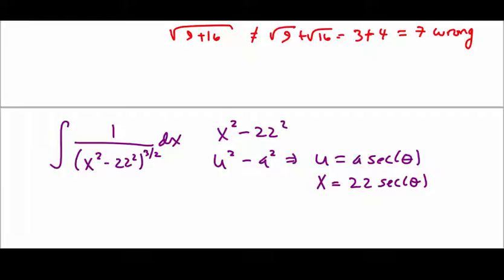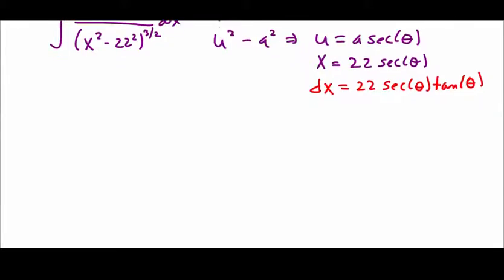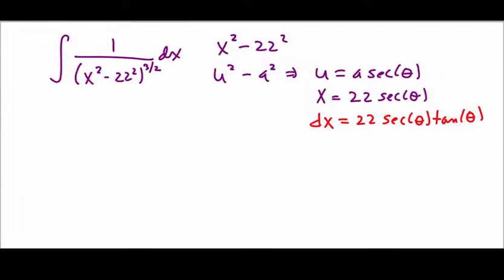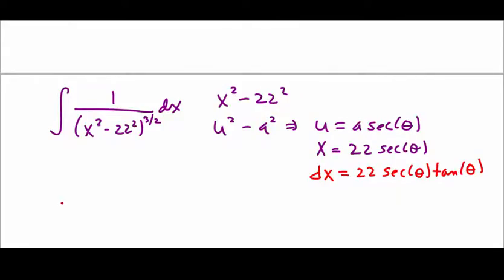And again, the common mistake here is to forget to take our derivative. The derivative of secant theta is secant theta tangent theta. And again, always put parentheses around the arguments of your trig functions. Okay, so now we sub in. And again, the most common mistake to make is to forget that sub in for dx. Now x squared.